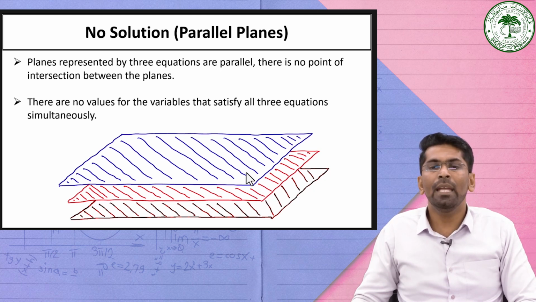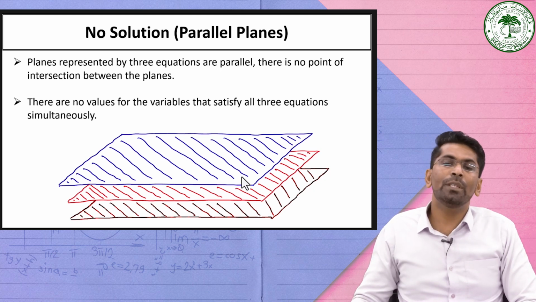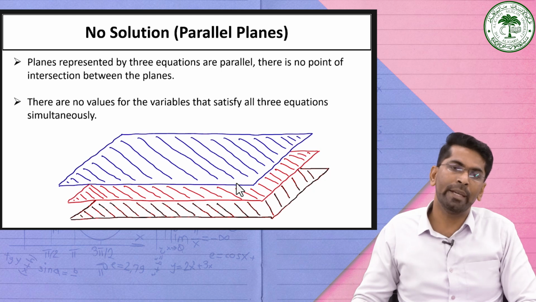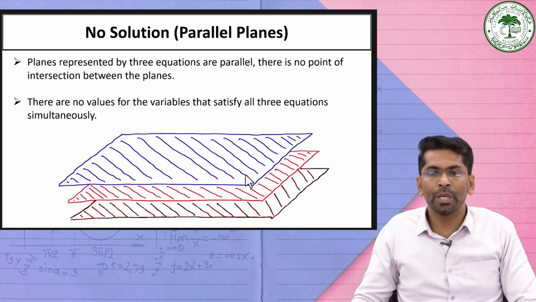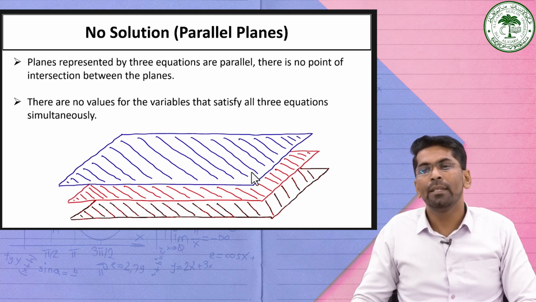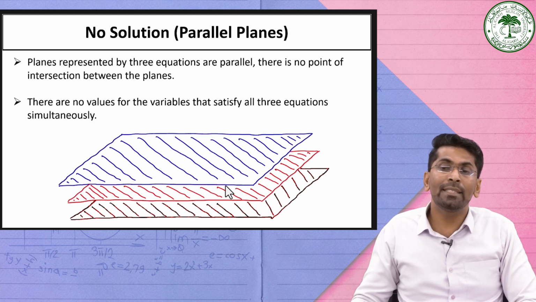Geometrically, if the planes are parallel, then they never intersect, and the system of equations has no common solution in this case. In other words, there is no value for the variables that simultaneously satisfies all three equations. So the system will not have any solution when we have parallel planes.